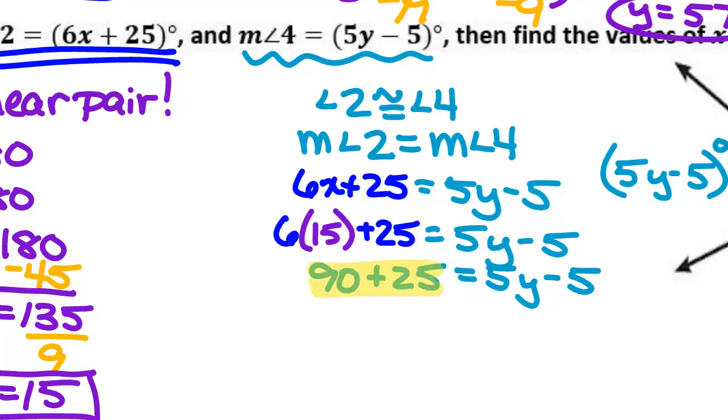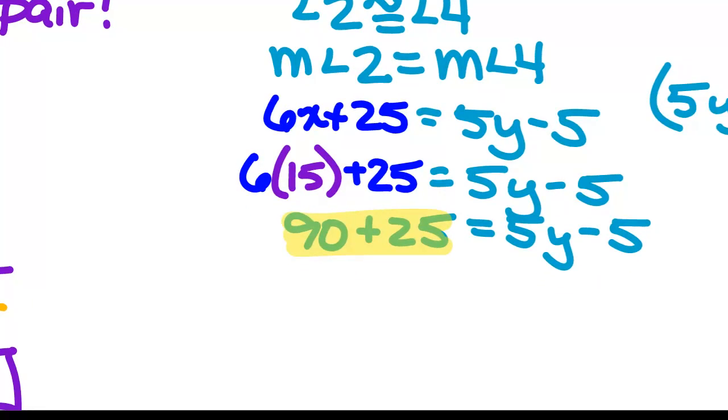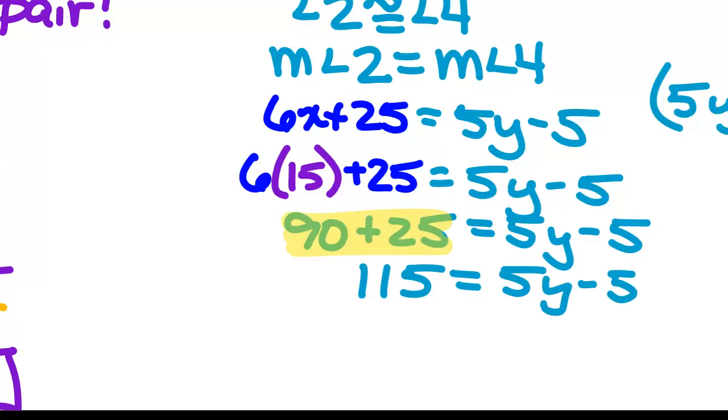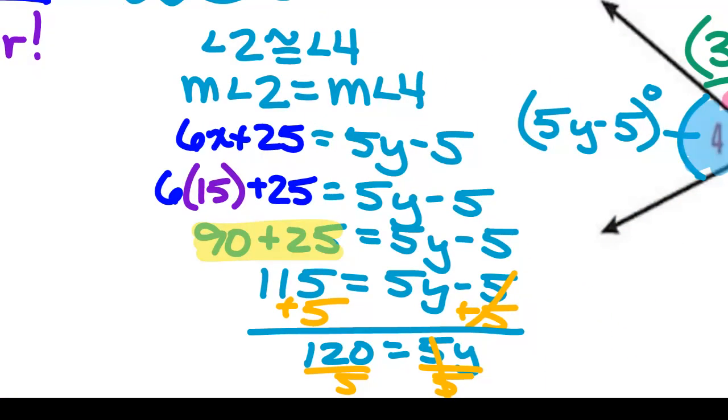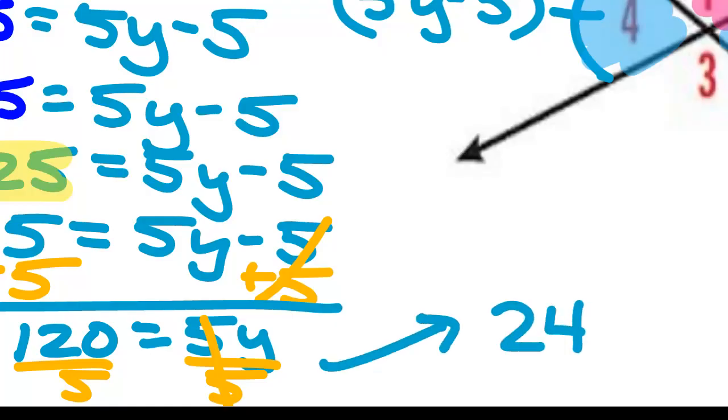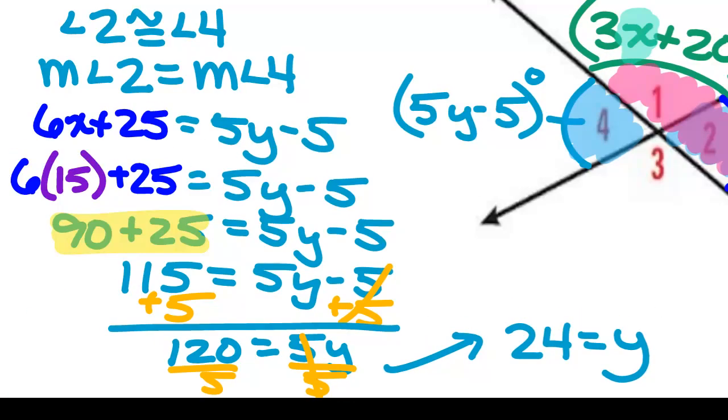What do we get when we combine 90 and 25 together? 115. 115 equals 5y minus 5. I'm going to add 5 to both sides. That gives me 120 equals 5y. And then we divide both sides by 5. What is 120 divided by 5? 24. So 24 equals y.